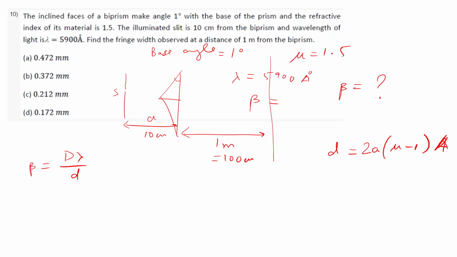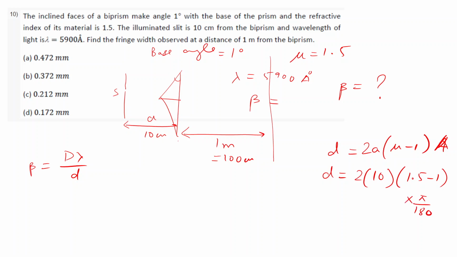So d will be 2 times 10, times 1.5 minus 1, times angle of prism, which is 1 degree, and we have to convert it to radians, so multiply by pi by 180.